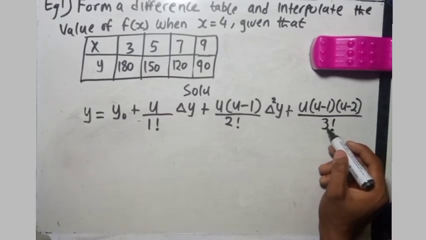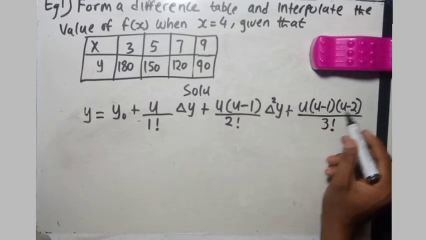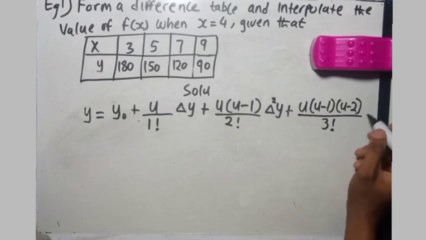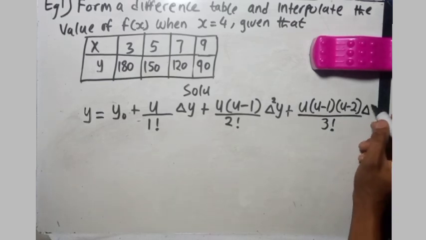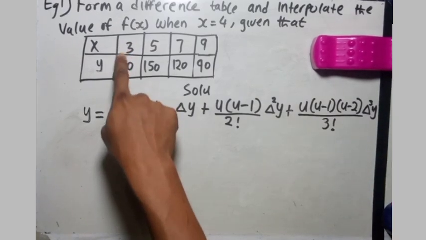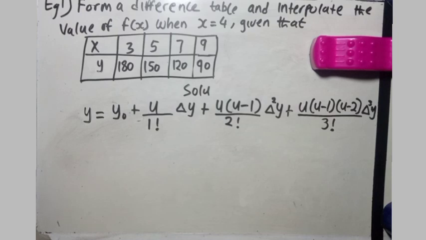Our factorial is normally the same as the number of multiples. Like here we have 3 multiples, so 3 factorial, then we multiply it by the third change in y. Now, are we going to be stopping here or should we go for the fourth one? How do we know this? How you know whether to find the fourth difference and the rest of them is from the number of values of x given to you.